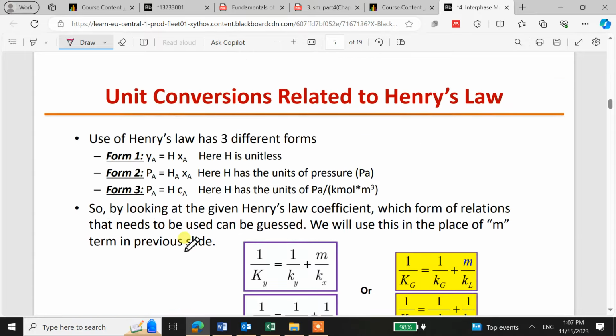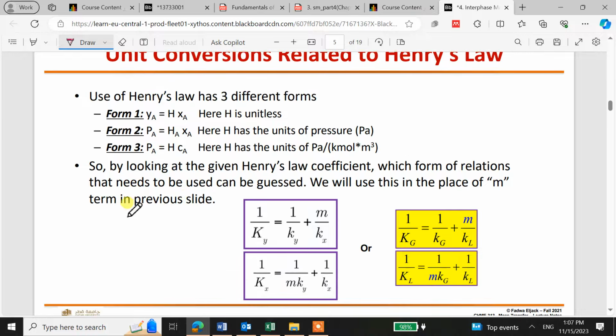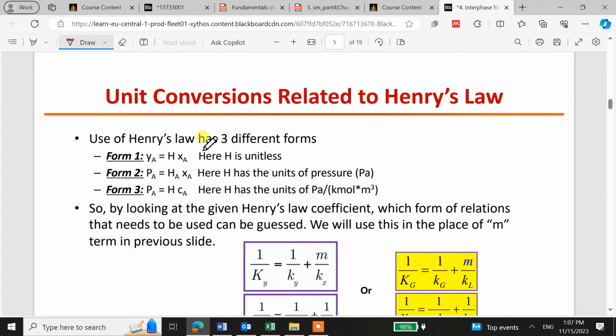Now, I told you about different types of Henry's law or equilibrium relation. yA equals H or m, whatever; m and H are the same.